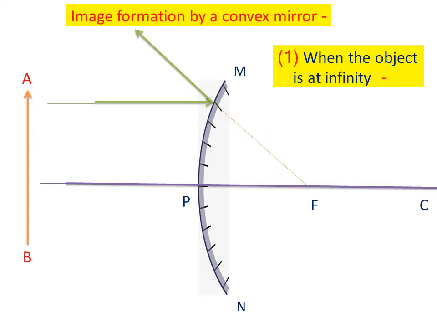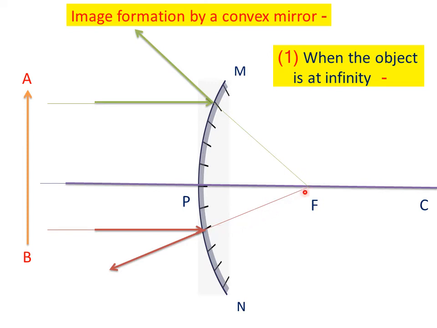We are taking another ray parallel to the principal axis here. This is the incident ray, shown in red, and this is the reflected ray. After reflection it also appears to diverge from the principal focus.